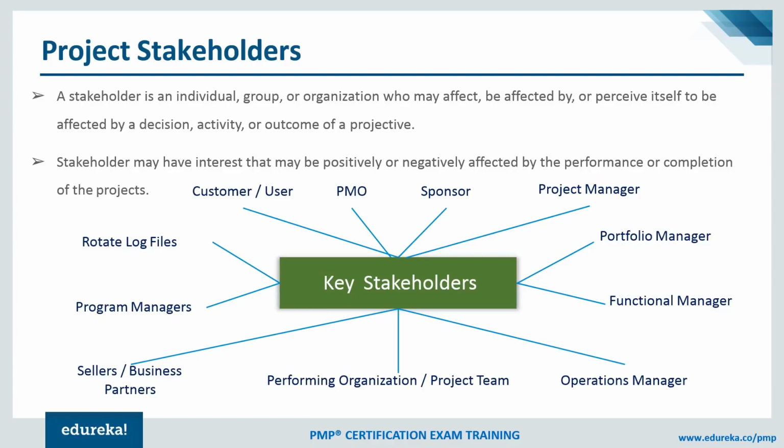Your sponsor is a stakeholder, PMO is a stakeholder, project manager, your program manager, your performing organization, project team, operation manager, any person who is involved in the project is a stakeholder. Different stakeholders have different expectations, so you need to align and manage all the expectations.